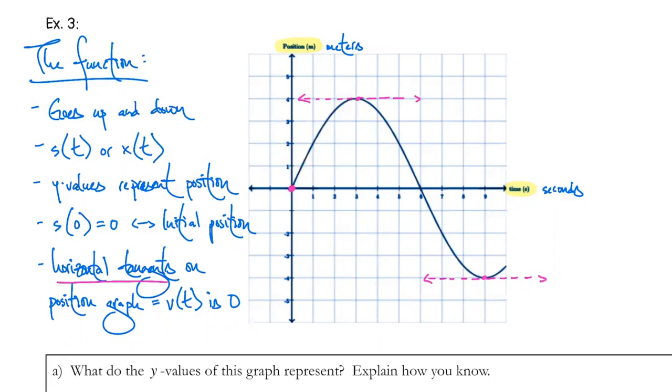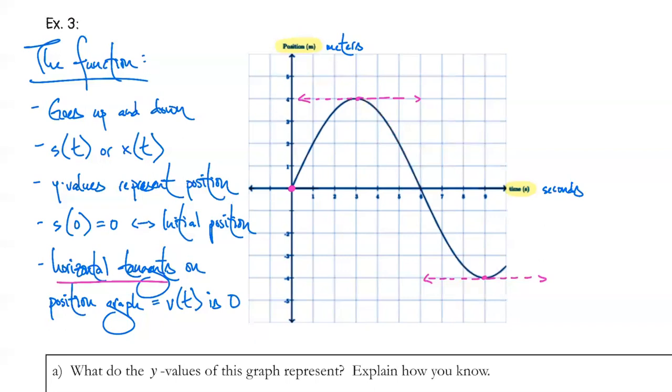Whereas this next region, what about the slope here? Negative. Okay, what about this region here? Still negative, good. And what about this tiny little region here before we cut off the time? Positive, good.